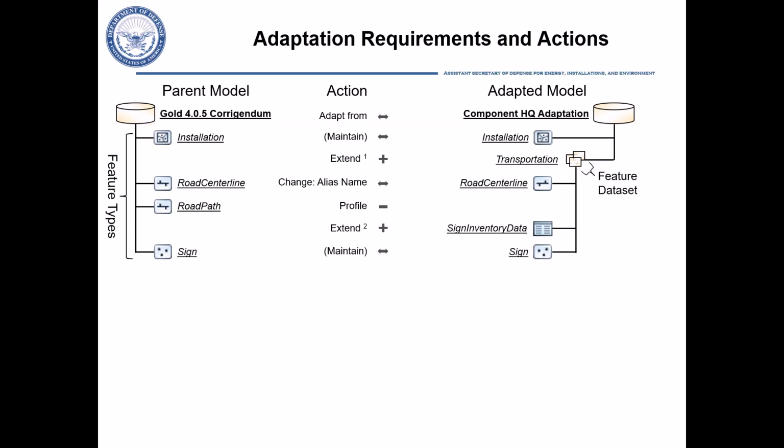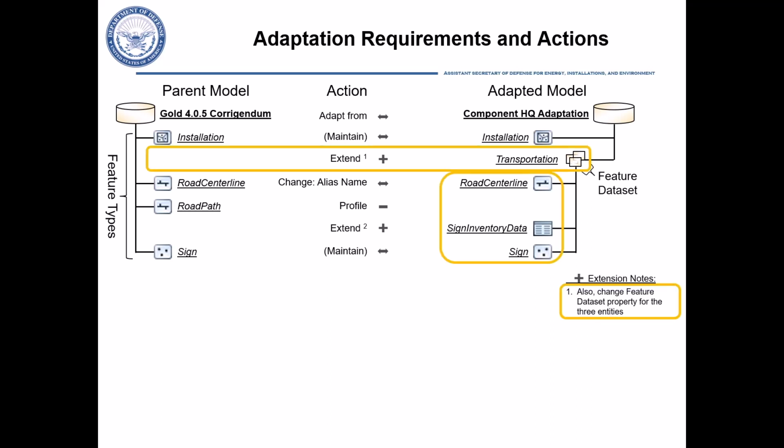Next, a transportation feature dataset not found in the parent model is required and is thus extended. As shown, the road center line, sign inventory data, and sign entities will be contained within this feature dataset. For each of these entities, the property defining a feature dataset model location will need to be specified.